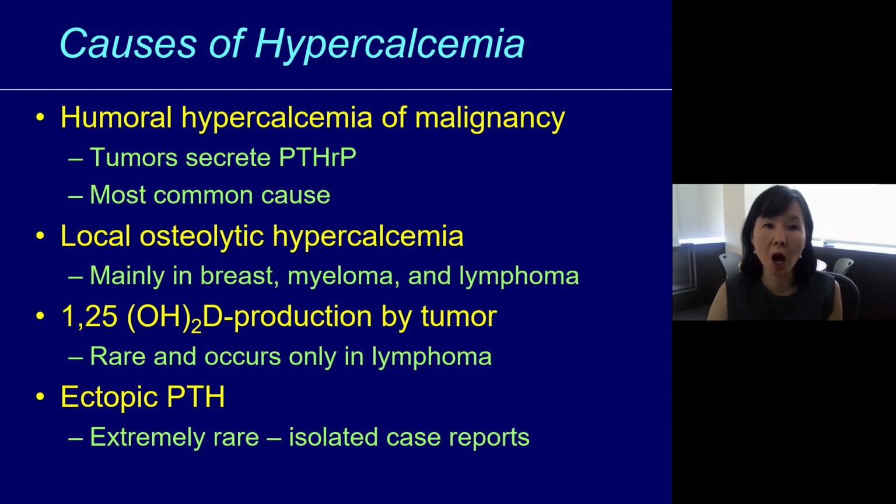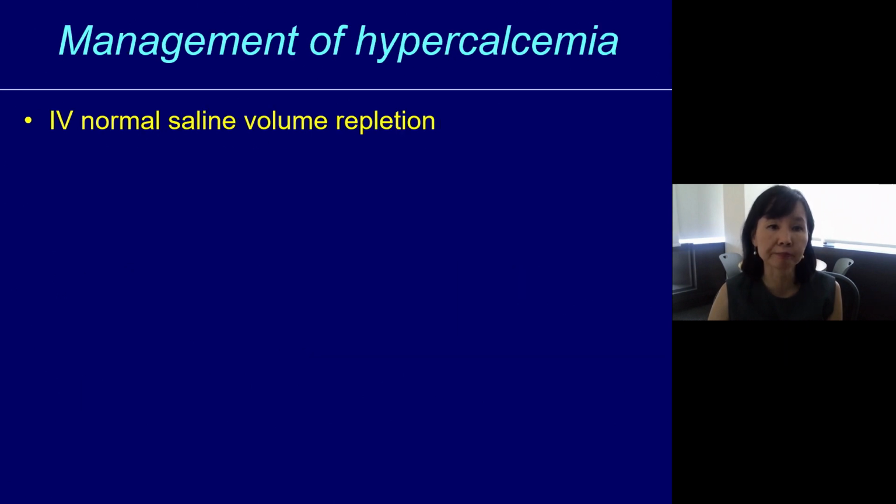The most common cause of hypercalcemia in malignancy is actually tumor secreting the PTH-related protein. The other ones that are listed are much rarer. The local osteolytic hypercalcemia is mainly in breast, myeloma, and lymphoma. And the last two are also both extremely rare causes of hypercalcemia.